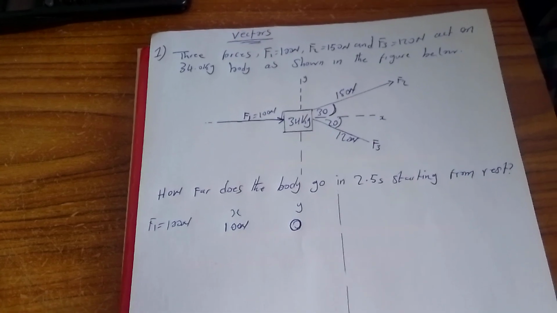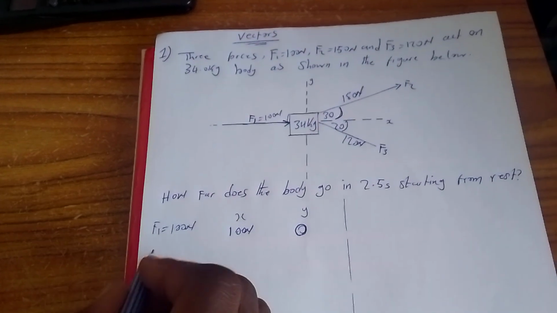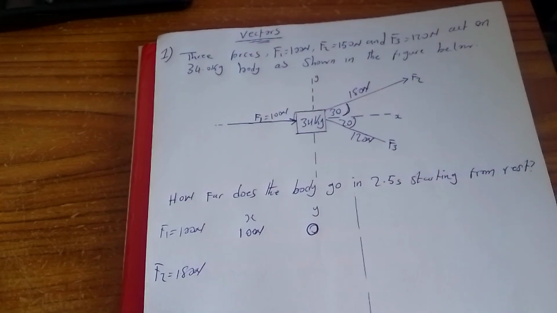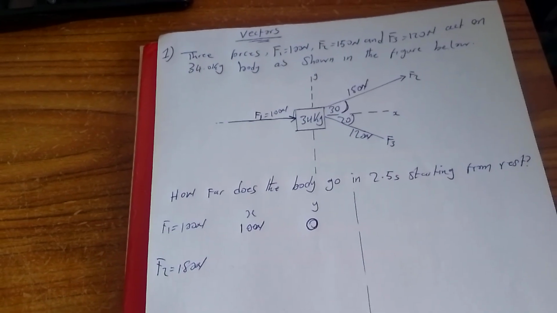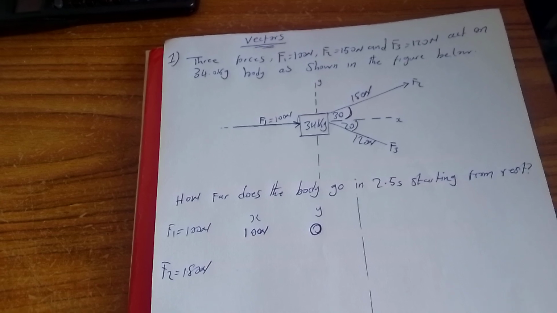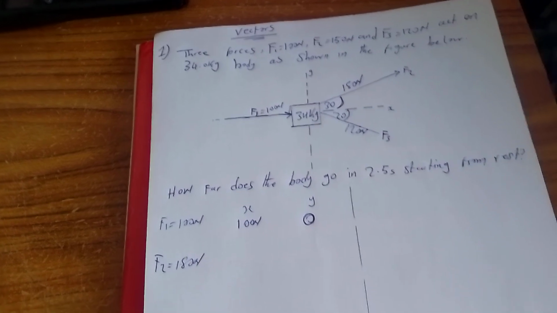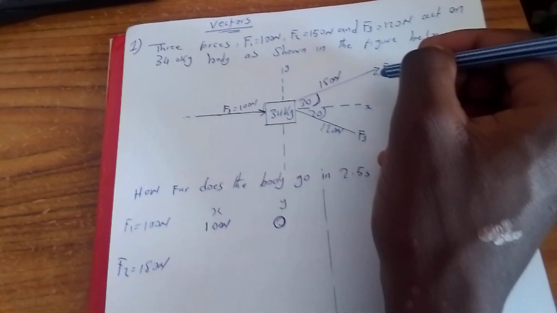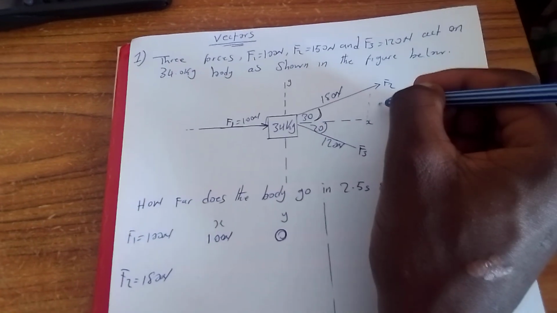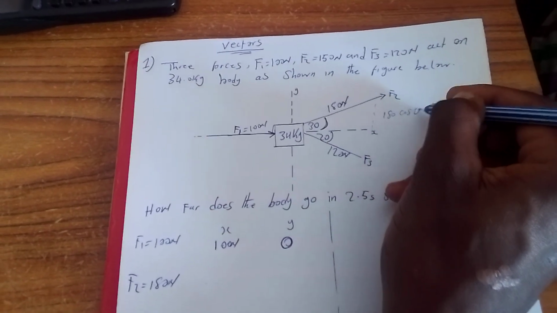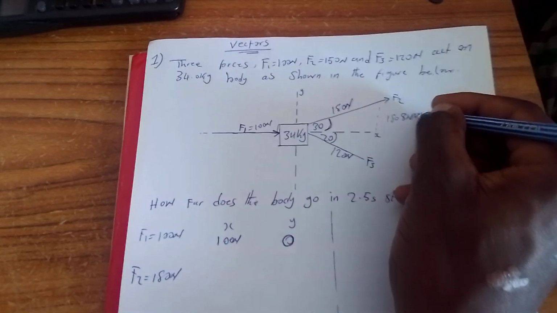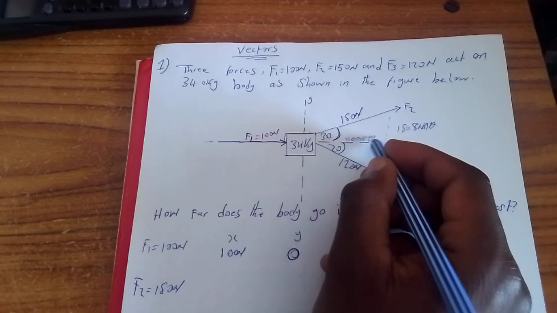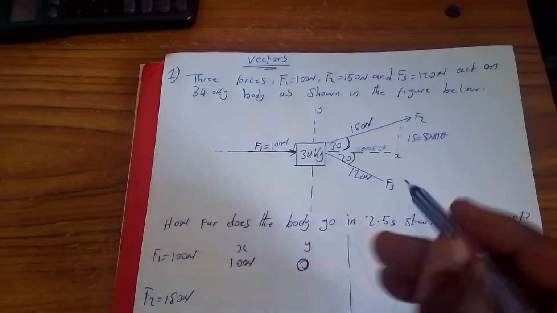And for the second force, which is 150 newtons, using trigonometric identities, using trig ratios, we can tell that in the x-axis, because our force is here, it will be 150 cos theta, and here it will be 150 sine theta. The same applies to this one.